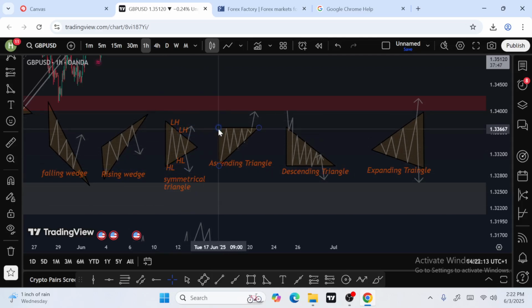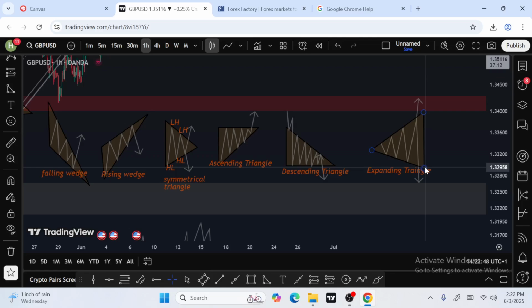From here to here is the base of this triangle. But just know that when the breakout happens, from what you've constructed, it starts moving in that direction because it is expanding. Are you following, guys? It is expanding.